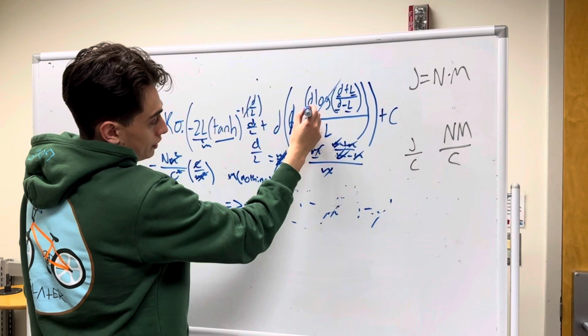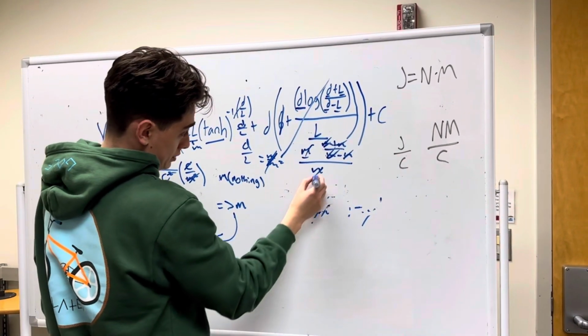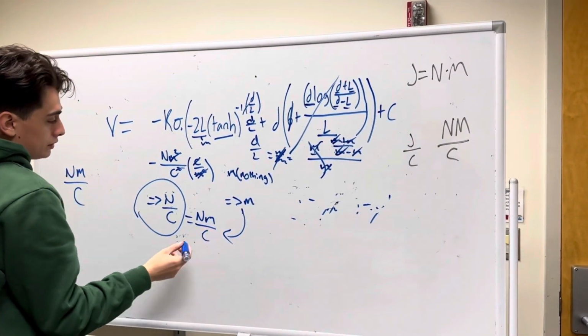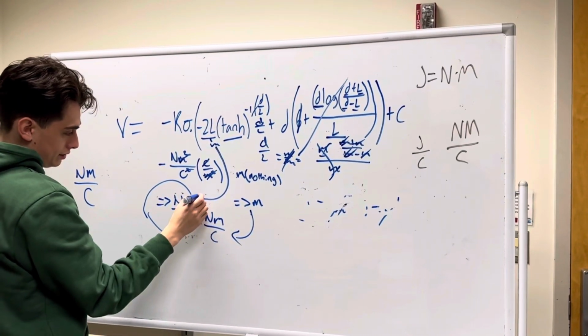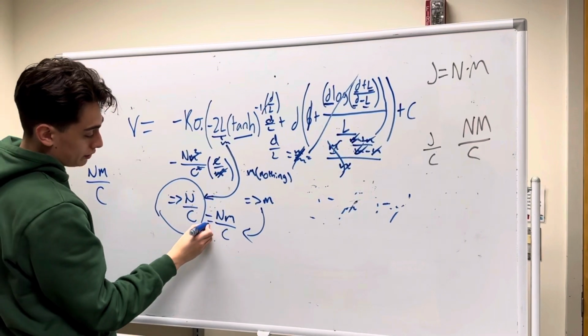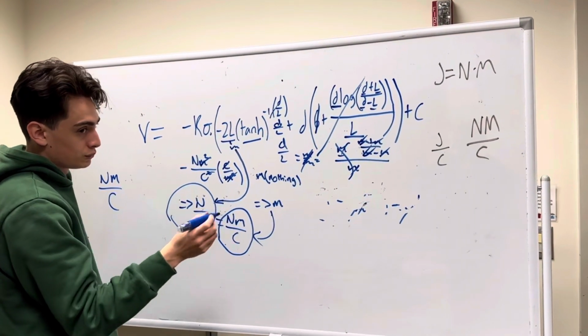So then you're left with meters divided by meters, so those cancel. Then you multiply these, the meters times newtons over coulombs, and you get newton meters over coulombs.